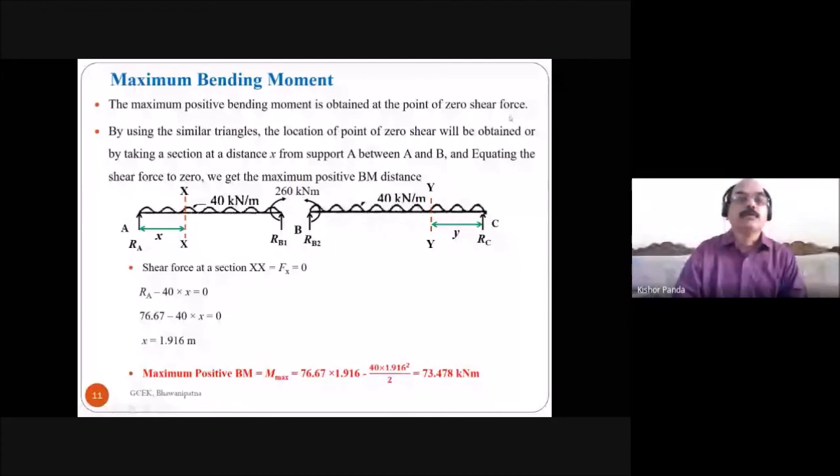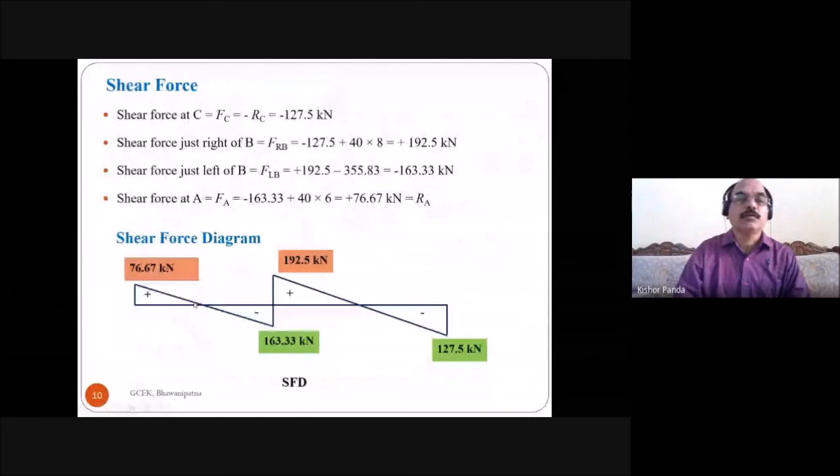By using the similar triangle, the location of zero shear will be obtained, or by taking a section at a distance x from support A between A and B and equating the shear force to zero, you will get the maximum positive bending moment distance. For this, you will take one section this side and another section this side.